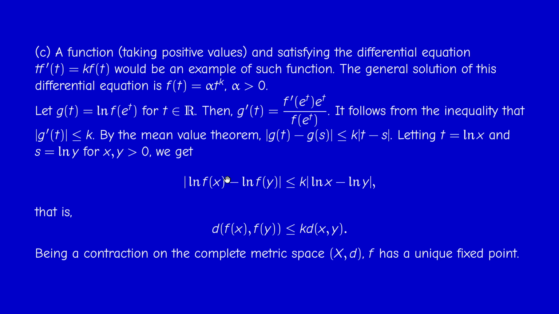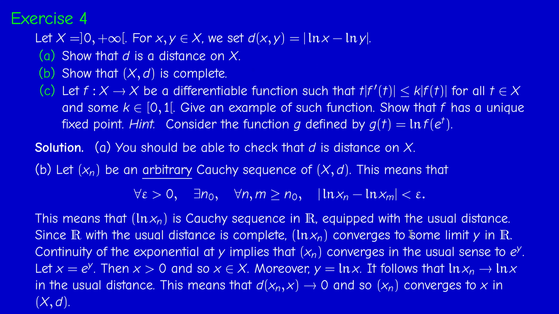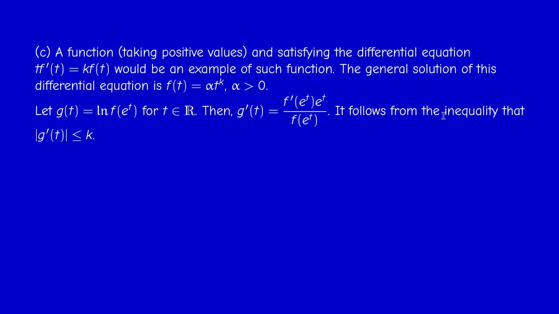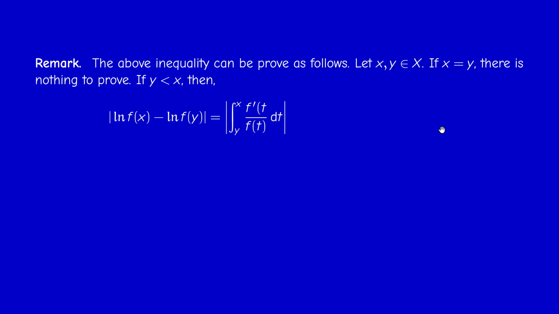Now there's another way of proving this inequality: go back to the inequality, absolute value of t f prime of t is less than k f of t, divide by t f of t and integrate. Of course, we distinguish between three cases.